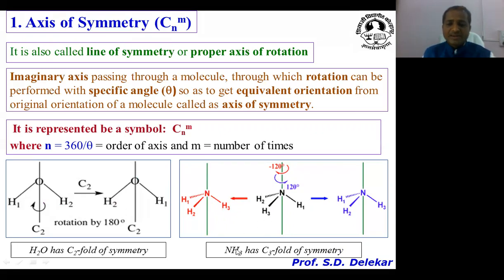Because of this, the NH3 molecule has a C3 axis of symmetry. In other words, all AB2 molecules having an inverted V shape have a two-fold axis of symmetry, and all AB3 molecules having triangular pyramid geometry have a C3 axis of symmetry.